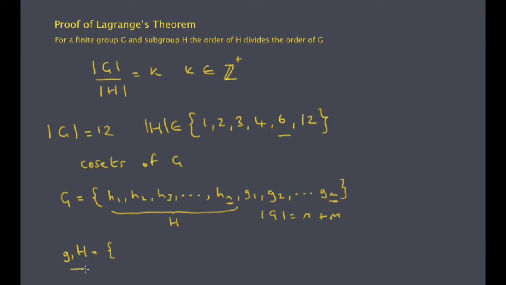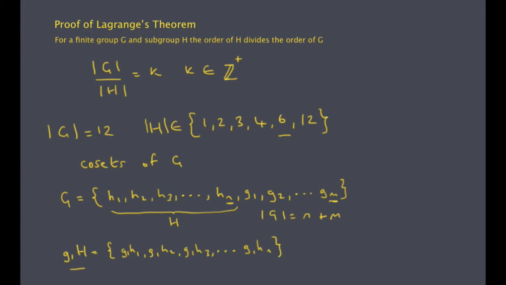So let's take the left coset of G1, and we have G1H1, G1H2, G1H3 all the way to G1Hn, and that's a coset, and we can do this for all the elements of G.